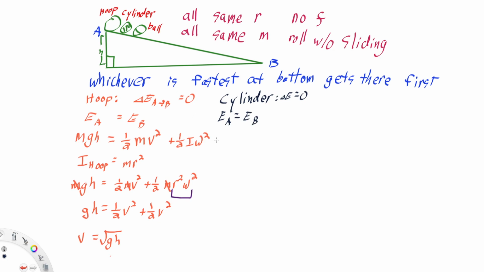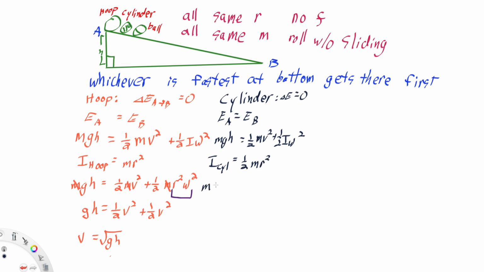And those kinds of energy are still mgh equals 1/2 mv squared plus 1/2 I omega squared. Yusuf has helpfully looked up what the moment of inertia of a cylinder is. Moment of inertia of a cylinder is 1/2 mr squared.